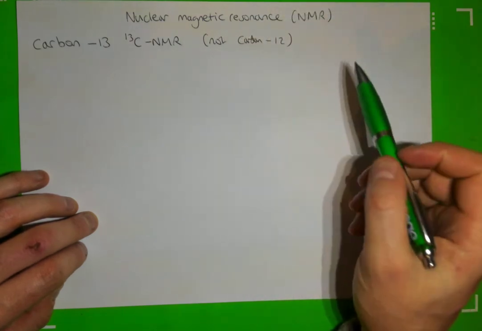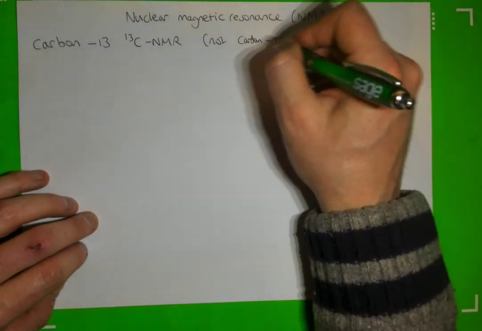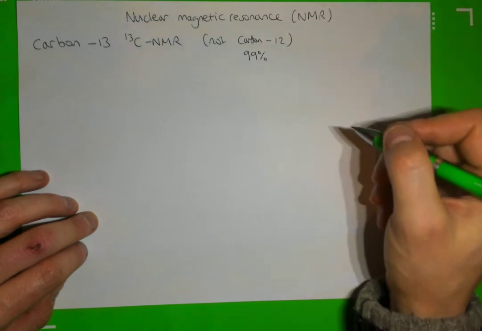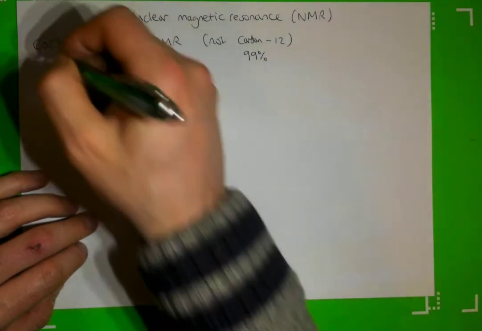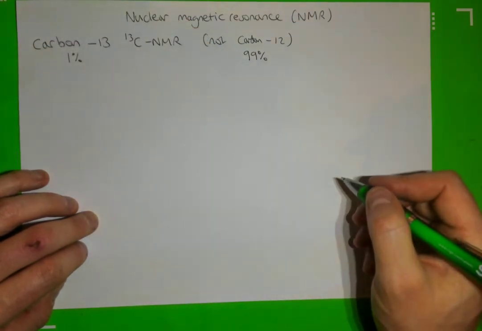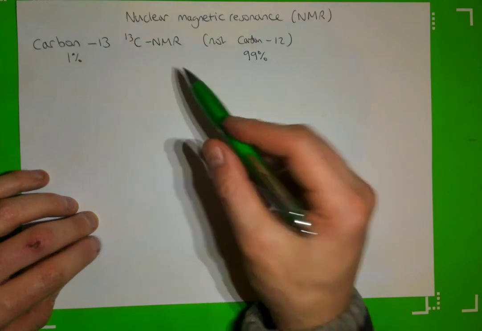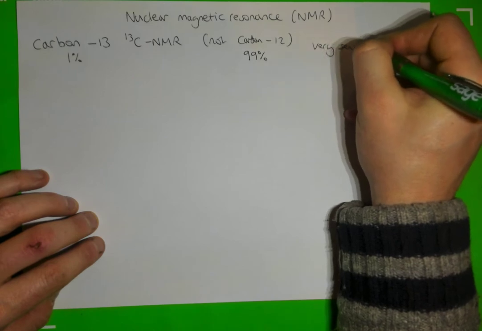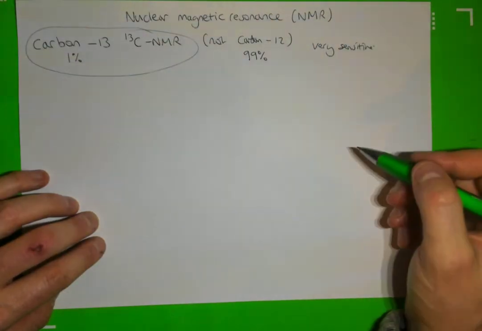So we know that all organic molecules contain carbon. 99% of the atoms in any sample that contains carbon will be carbon-12, and around about 1% will be carbon-13. However, carbon-13 NMR uses a modern instrument which is very sensitive, and because it's very sensitive, it can detect these carbon-13 atoms in the molecule.